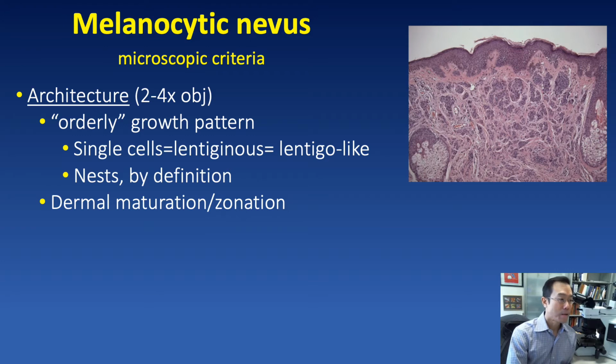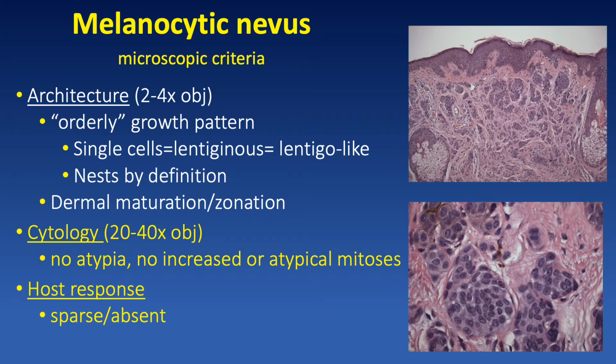For lack of a better term, I like to see what can be called an orderly growth pattern. And so we can see single cells if the nevus is exhibiting a lentiginous pattern of growth at the junction, but by definition there should at least be some nests of melanocytes, either along the junction or in the underlying dermis, or both. And when a dermal component is present, we like to see maturation with descent in a nevus.